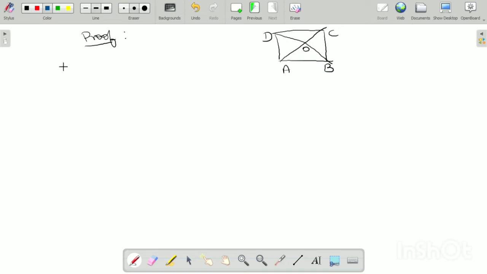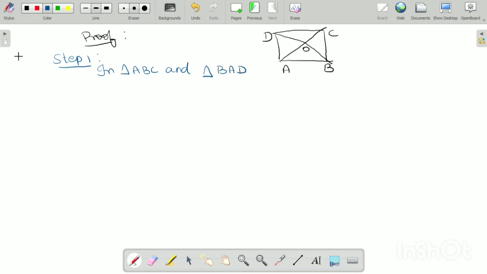Step 1, what am I going to do? I am going to take two triangles here: triangle ABC and triangle BAD.